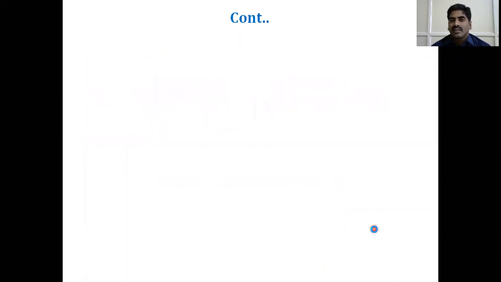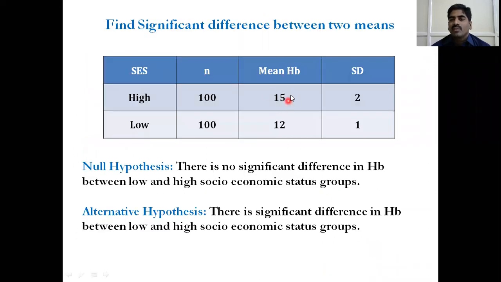So that means hemoglobin levels are higher in the high socioeconomic status group than the low socioeconomic status group. It is statistically significant. Clinical significance is different and statistical significance is different. Okay.